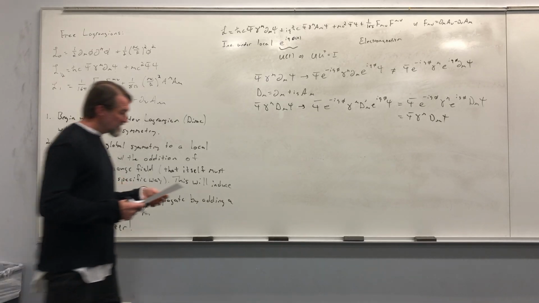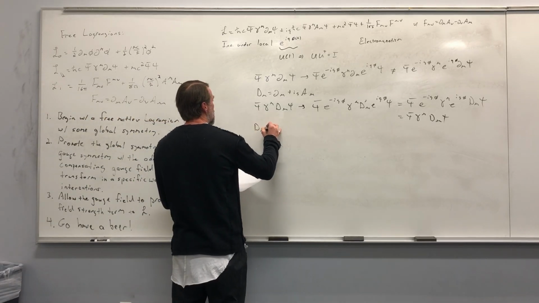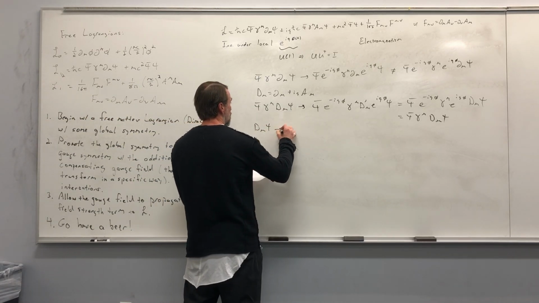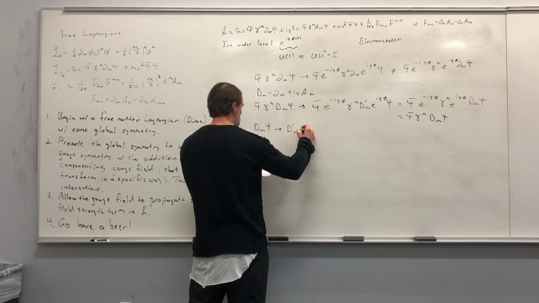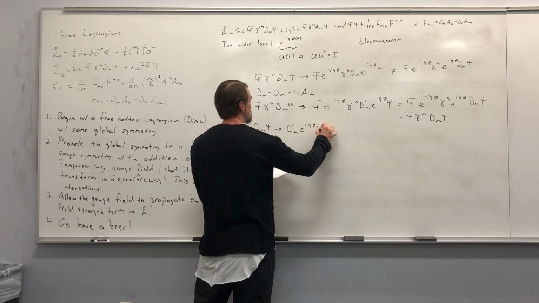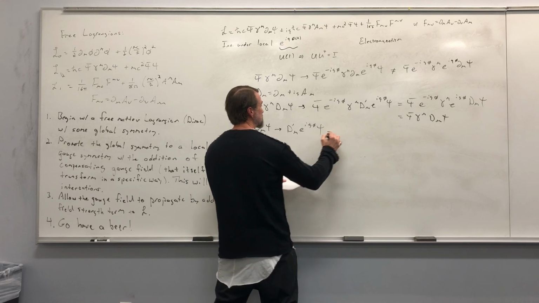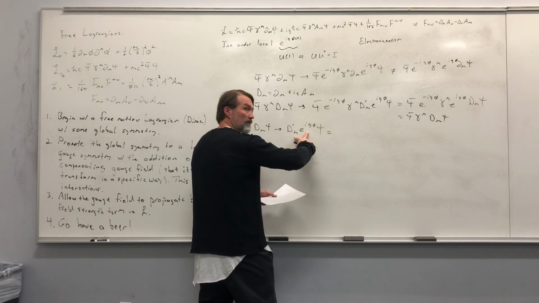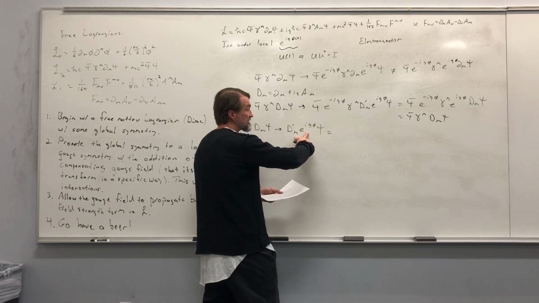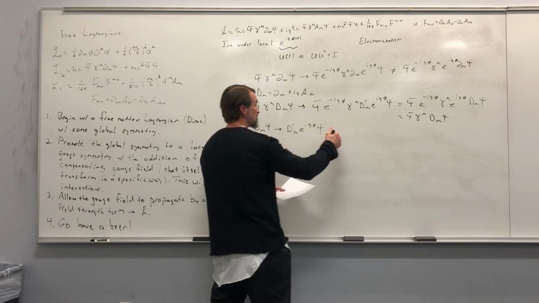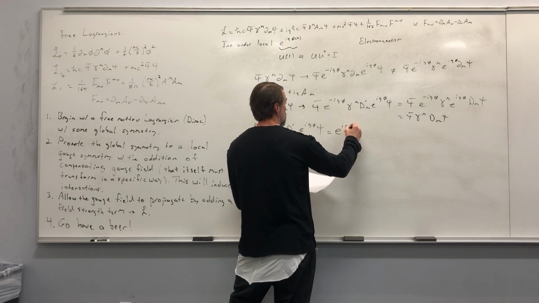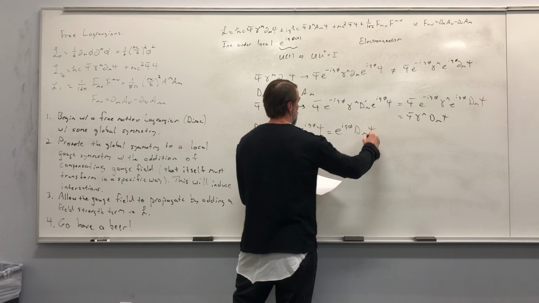Okay? So what we find is that D mu psi, the derivative of psi, transforms to D prime e to the iq phi of psi. And this is exactly what I get from the reversal of these and the transformation of this, which is e to the iq phi D mu psi.